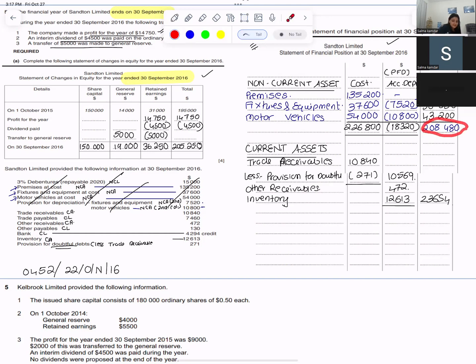Non-current assets plus current assets, what will it give you? Your total assets, 232,134. Yes.